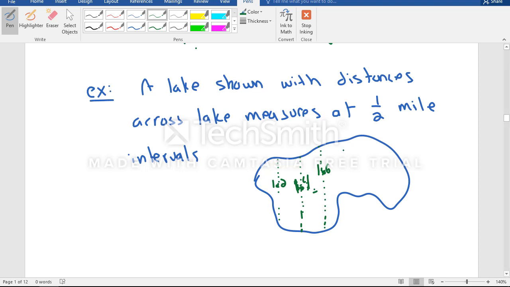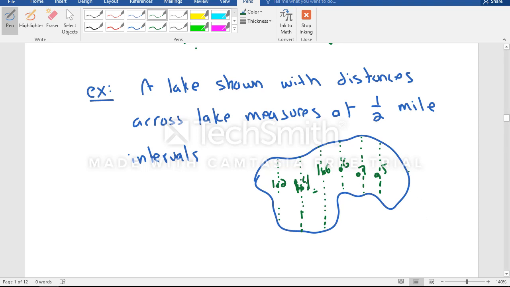And then at this distance we have 0.6. And then at this distance we have 0.7. And then at this distance we have 0.5.